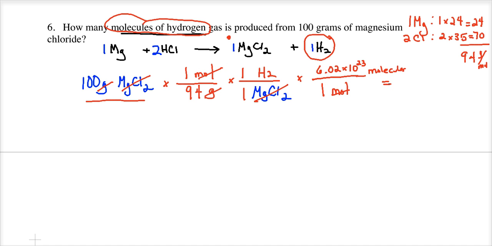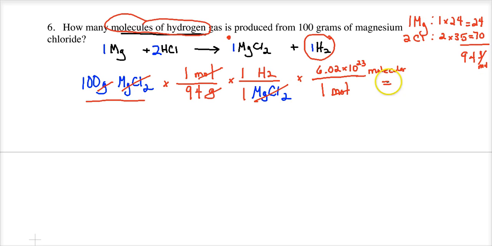All right, so I'm going to take 100, times 1, divide by 94. That part is moles. Times 1, divide by 1. It's a 1-to-1 ratio. Okay, but we're not lazy, we write it anyway. Then I times it by 6.02. If I'm using a TI-80 something, I do second function EE to the 23. Enter that, and I get the actual number.